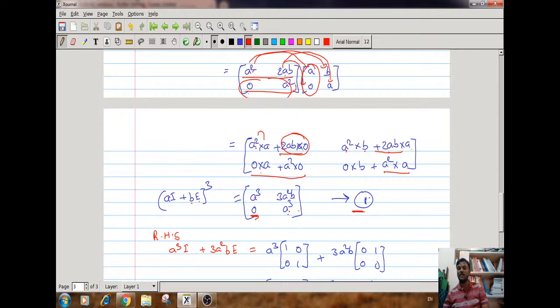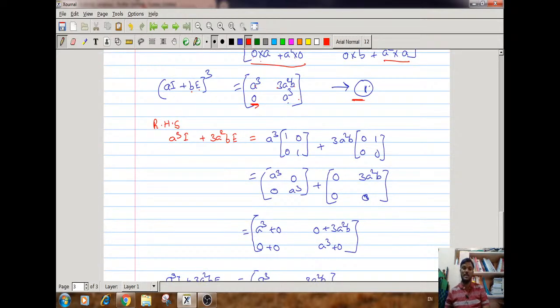Now the RHS part, what we need to do: we take A cube into I plus 3A square B into E. Here A cube is a scalar, that means a constant. A cube into I means the second order identity matrix. And 3A square B is again a scalar, that means a constant, and E they mentioned as this matrix. So we need to multiply each term by this constant.